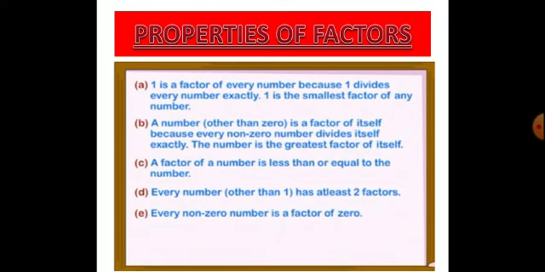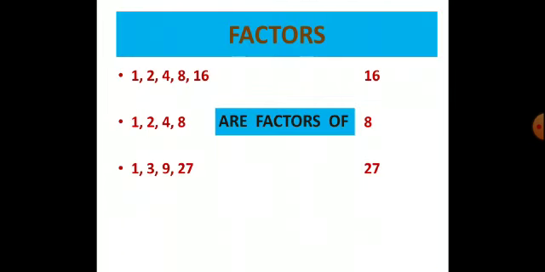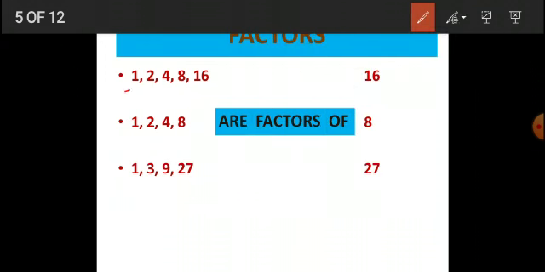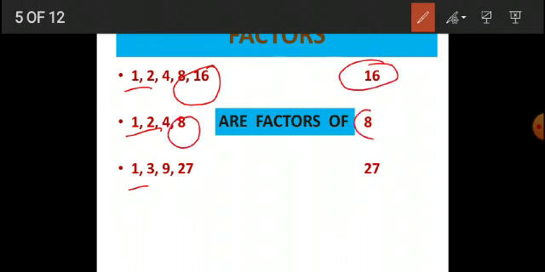Now let's discuss one by one the properties of a factor. You see that 1 is a factor of every number, and every number is a factor of itself. 16 is a factor of 16, 8 is a factor of 8, and 27 is a factor of 27.